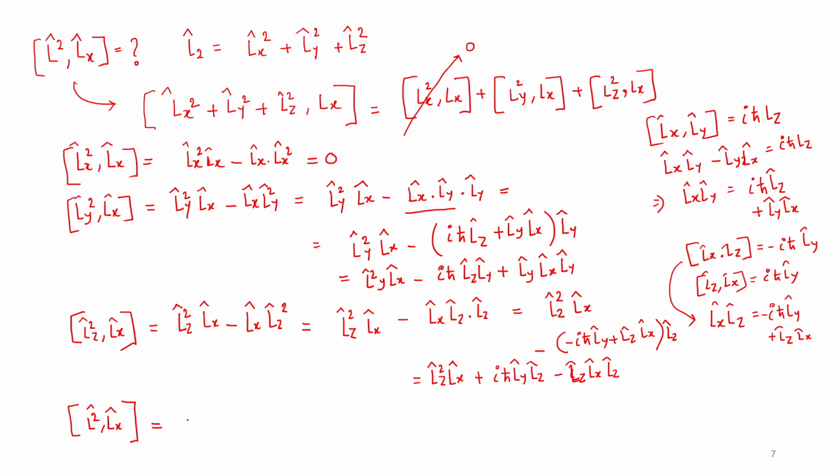So we first got this as 0, that is x square Lx commutation. Now the second part I will write it whole, L square Lx Ly square, sorry, minus iħ Lz Ly plus Ly Lx Ly.